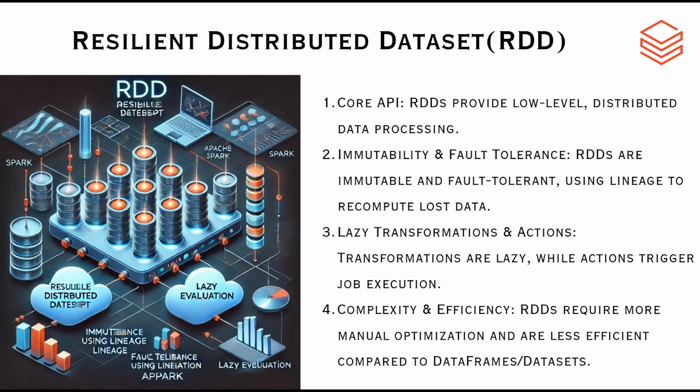So if we talk about RDDs versus DataFrames and Datasets, we can say that while RDDs are the most flexible APIs, they require the most effort for optimization. So when dealing with large datasets or complex operations, the absence of automatic optimizations makes RDDs less efficient as compared to the high level abstractions like DataFrames and Datasets.